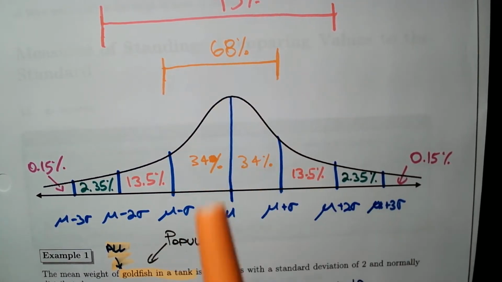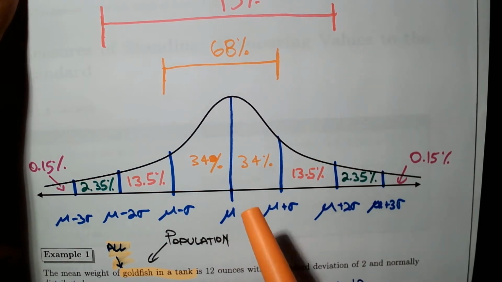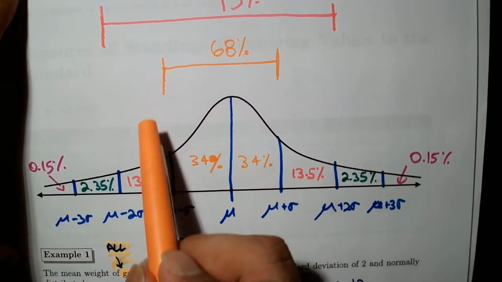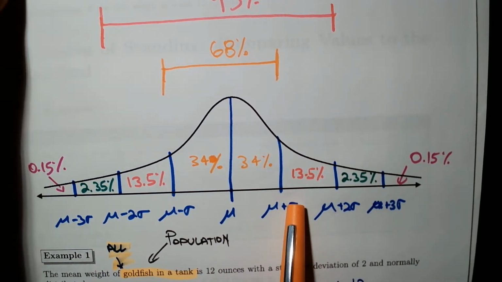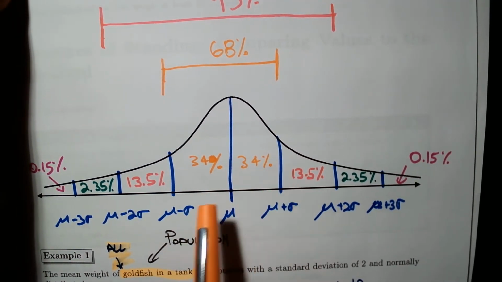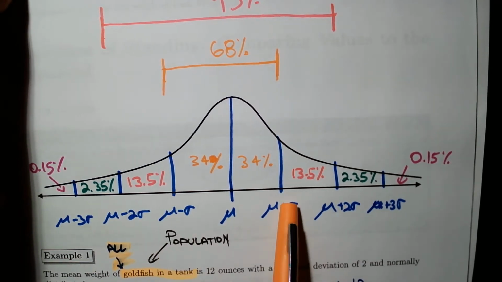68% of the data. So for example, coming back to the exam example, if the average was a 70 with a standard deviation of, say, 8, that means that 68% obtain between 62 and 78.